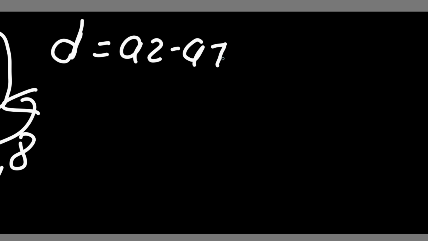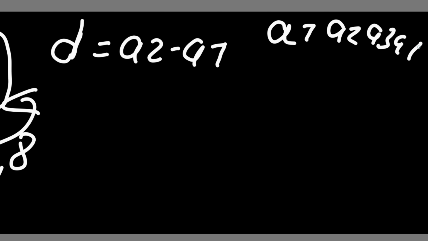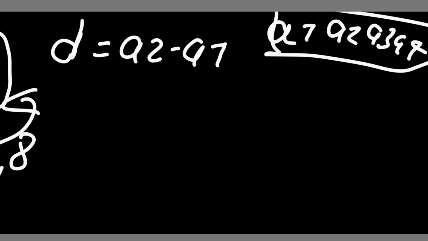First of all, let's see the formula of finding the difference, which is A2 minus A1. Suppose you got the numbers A1, A2, A3 and A4. You don't know anything about these numbers. Now let's say you need to find the number A2.